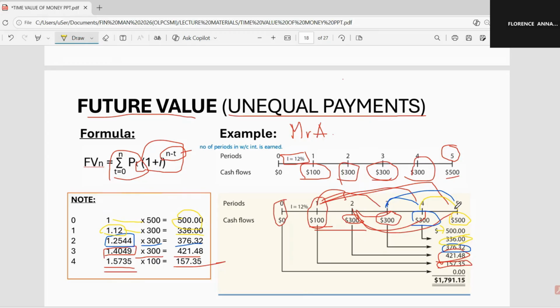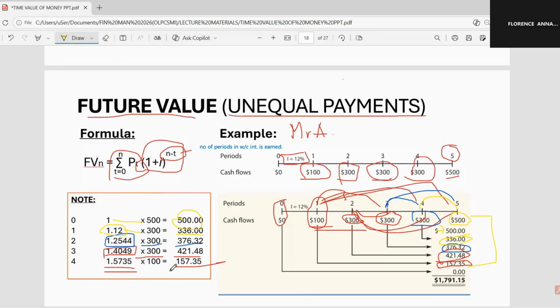So, if you sum these payments from period 1 to period 5, you'll get 500 plus 336 plus 376.32 plus 421.48 plus 157.35.